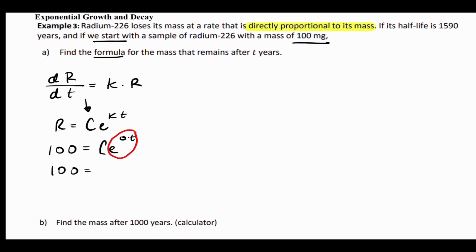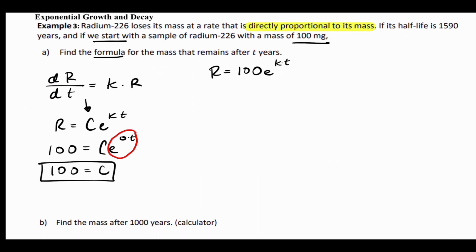So that means 100 equals C. Okay, so we got R equals, oops, not C, 100 E to the KT power. So I got C, but I got to figure out K now.